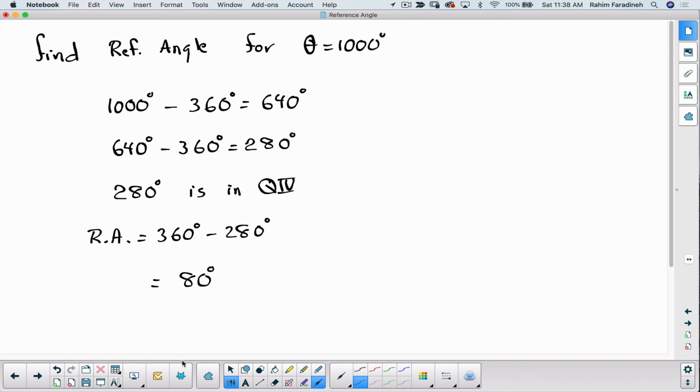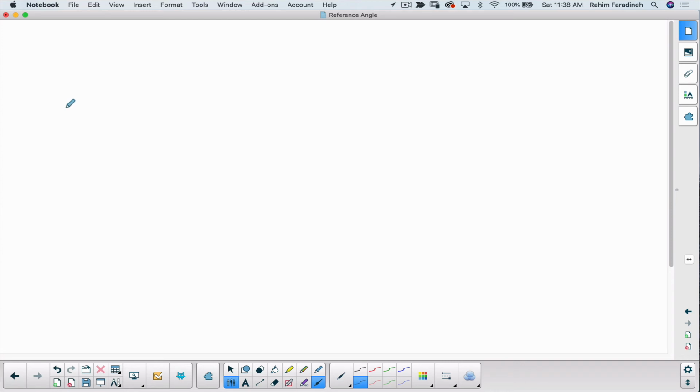Now let's do one in terms of radians. We want to find the reference angle for theta equal to negative 51 pi over 4.